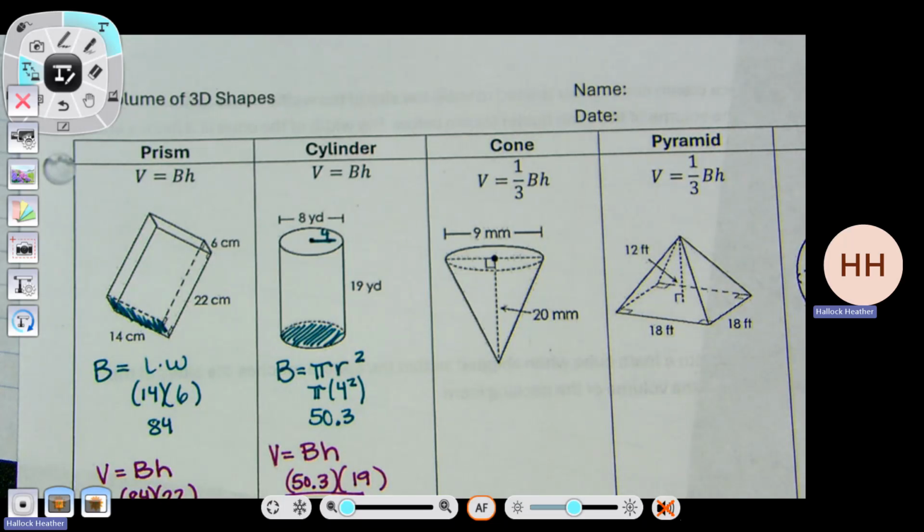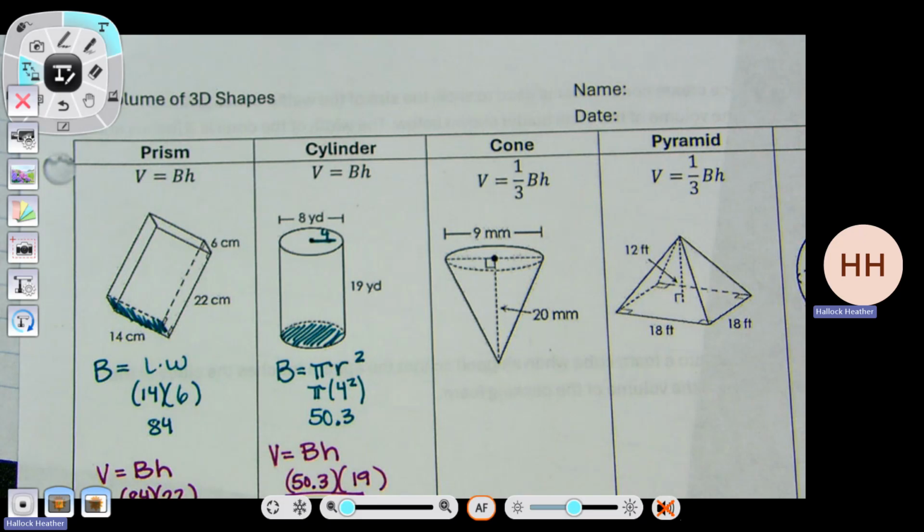The reason is that these two are technically the same shape. If I were to extend this into an actual cylinder, like this, it's missing this piece, and it's also missing this piece. So it's 1/3 of a regular cylinder. Same thing with this.